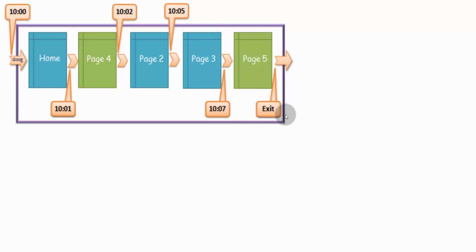Let's assume that he exits your website at 10:10 a.m. Then the time span that he spent on your website, from the home page till page 5, will be taken as the time spent on your site.